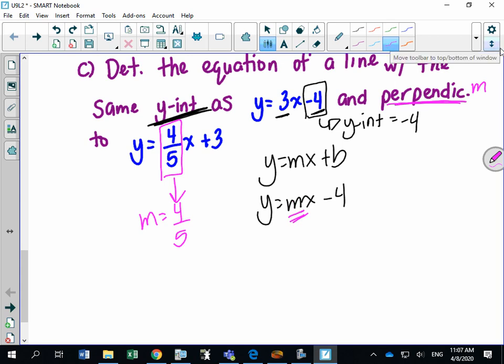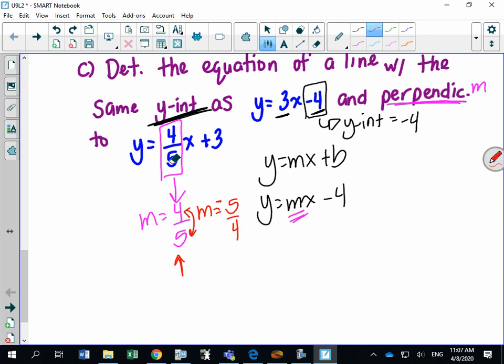So you have to think about the last unit, and in order to get perpendicular to 4/5, what we do is we take the negative inverse. So the inverse of 4/5 is 5/4. If this is positive, this guy has to be negative. So they want my new slope to be perpendicular to this.